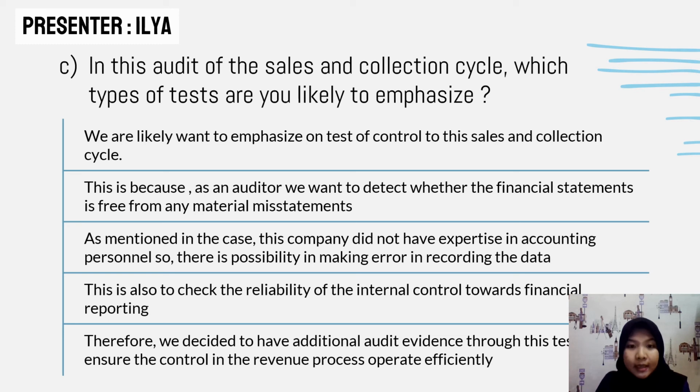As mentioned in the case, this company did not have expertise in accounting personnel, so there is a possibility of making errors in recording the data. This is also to check the reliability of the internal control over financial reporting. Therefore, we decided to gather additional audit evidence through this test to ensure the controls in the revenue process operate efficiently.